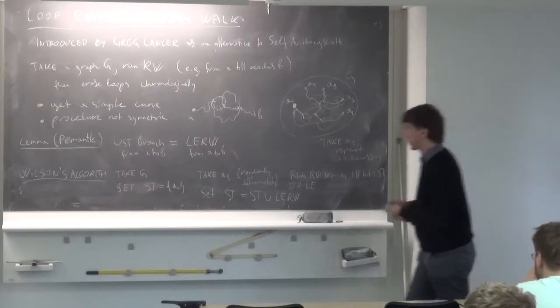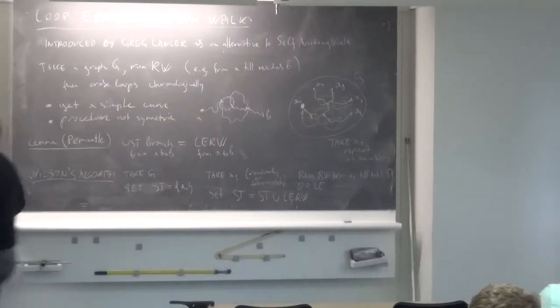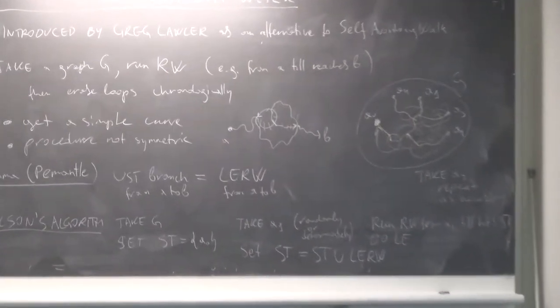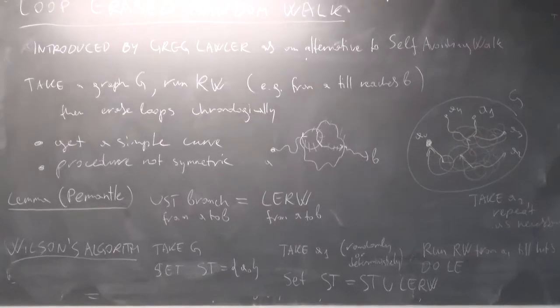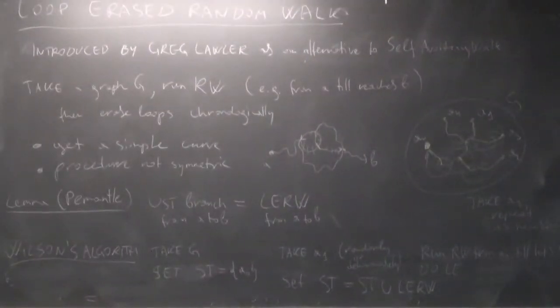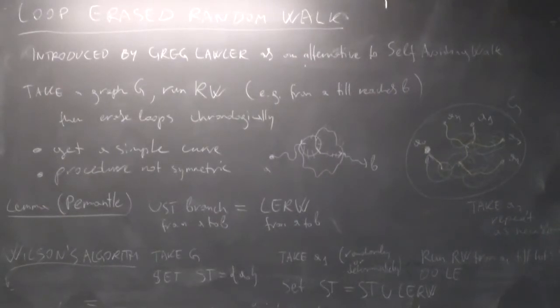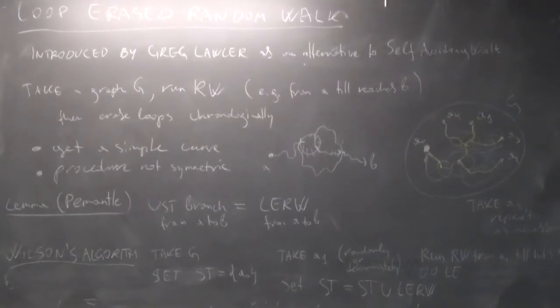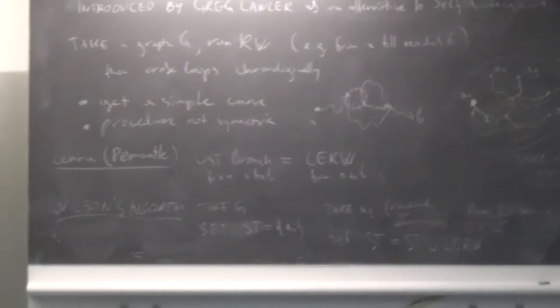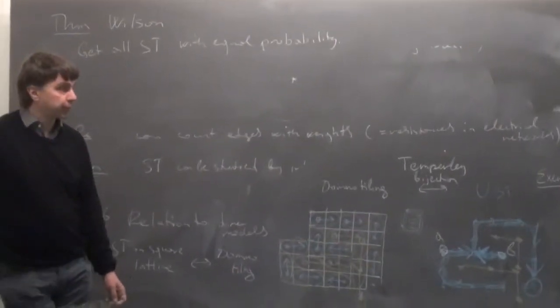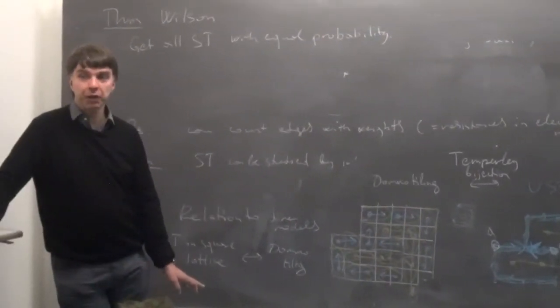This is the theorem by David Wilson: we get all spanning trees with equal probability. It's a very surprising and beautiful result.